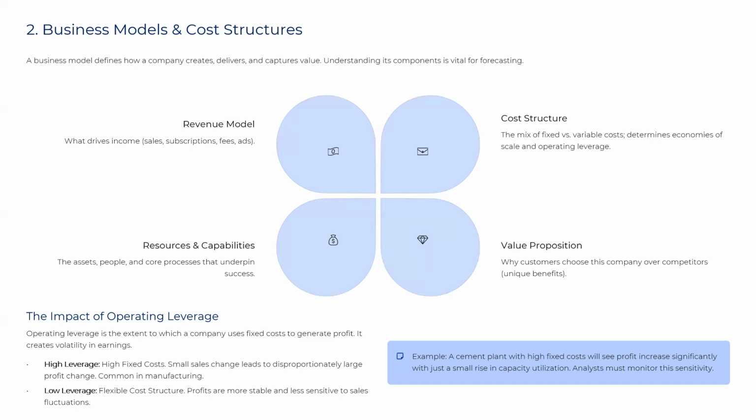So if your revenue increases, it is most likely going to increase your profit. Even a small increase in revenue will also affect the profits. So that is what we are talking about under high leverage.